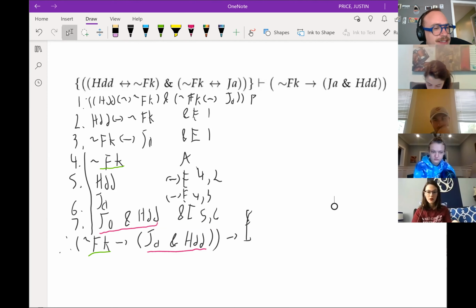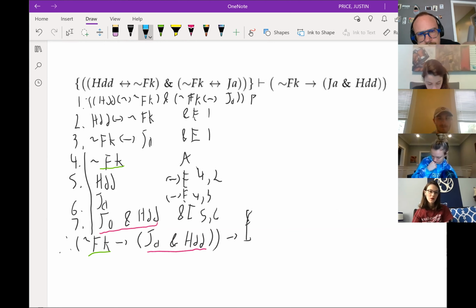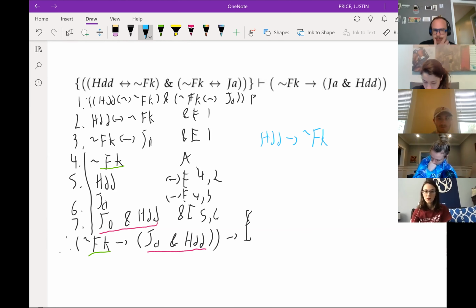It has to be the antecedent. So if we assumed HDD and got negation FK, we would get this conditional, which as part of a strategy for getting to that conclusion wouldn't help us.